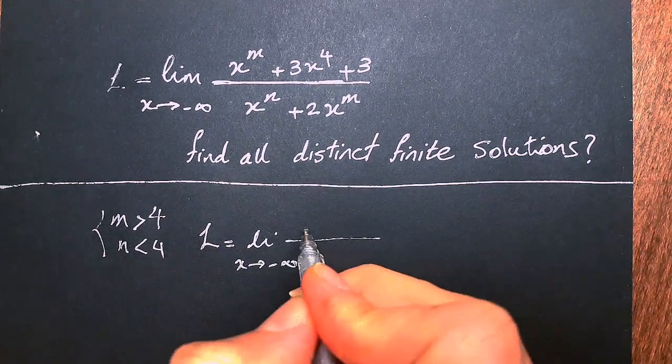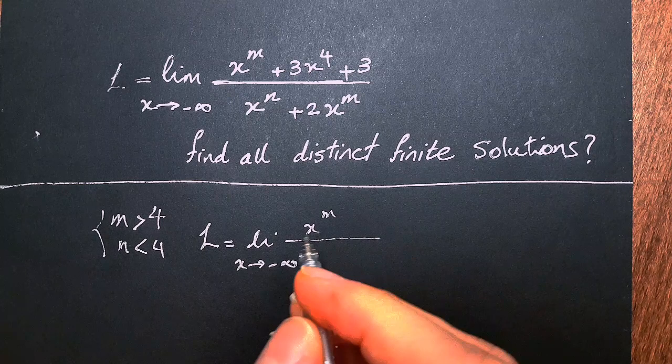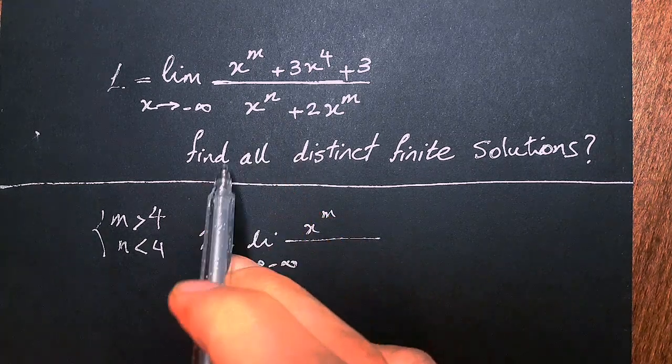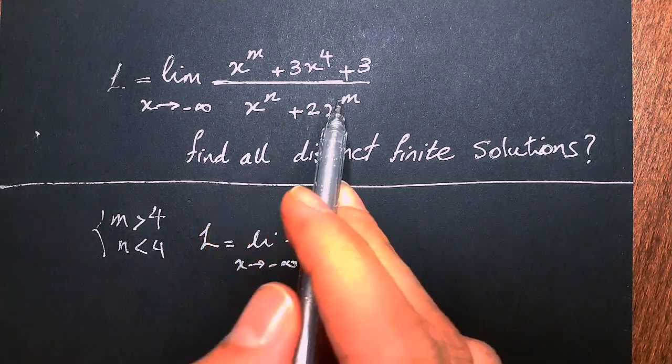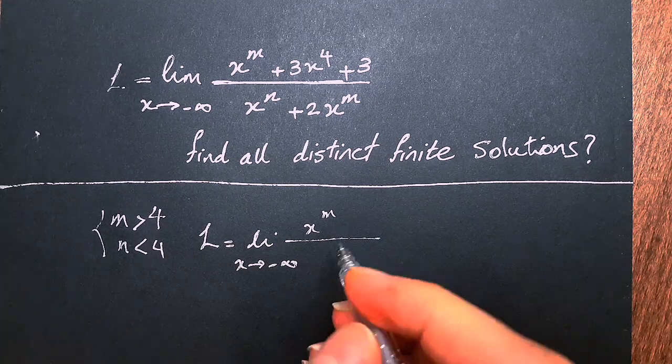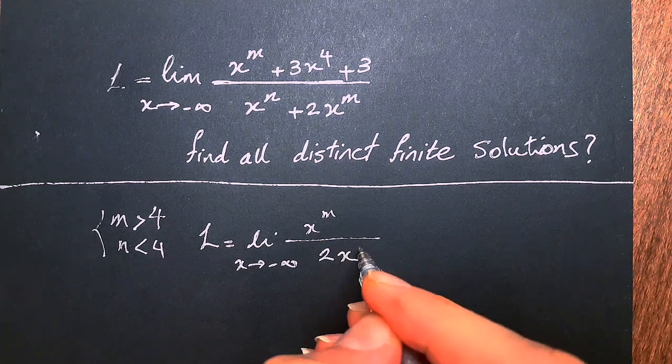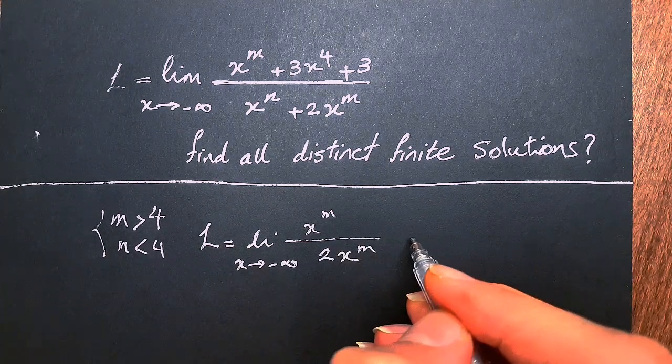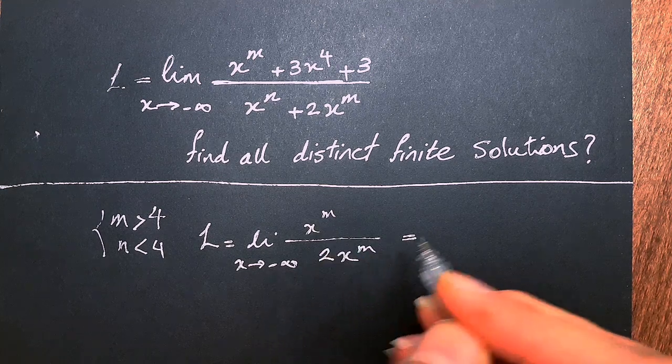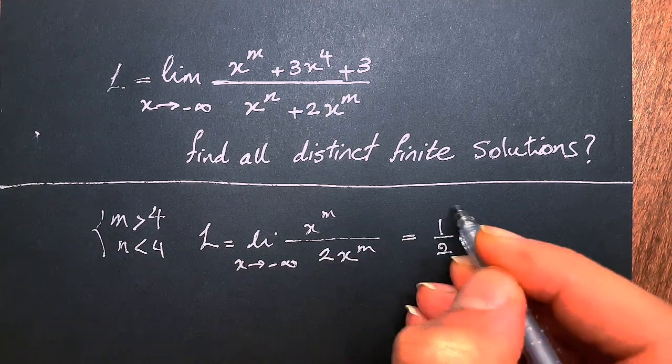So on the top we will have x to the power of m, and on the bottom, since n is less than m and m is more than 4, we will have 2 times x to the power of m. The x to the power of m's will cancel out. This is going to be 1/2.